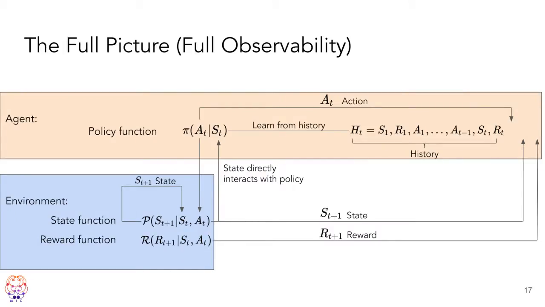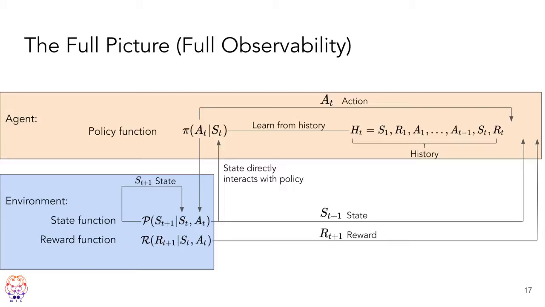So here's the full picture for full observability. We have our agent and our environment, and we'll start here. We give our agent some state, and then the agent says, well, if we're in this state, then we'll produce this action, and then we give it back to the environment.